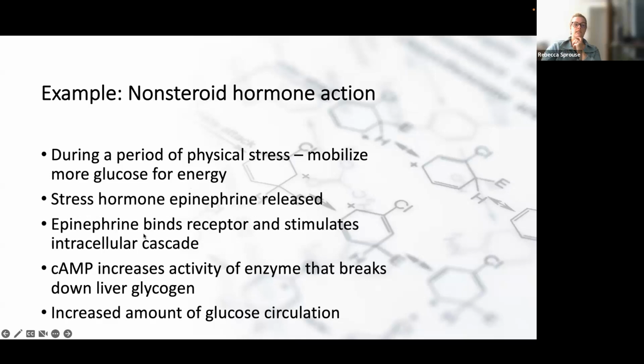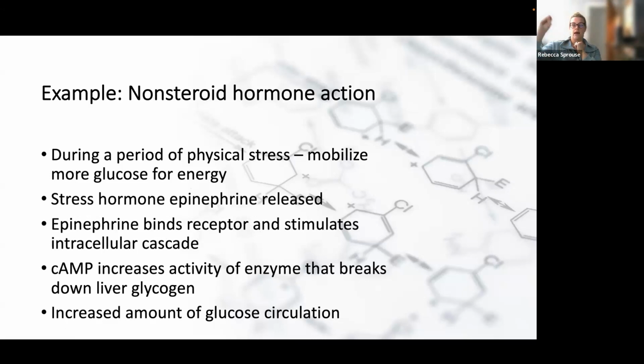Okay, epinephrine is going to bind the receptor on the outside of the membrane and stimulate that intracellular cascade. And what cyclic AMP does is increase the activity of the enzyme or protein that breaks down liver glycogen into glucose. So glycogen is the storage molecule that glucose is stored in, in the liver.